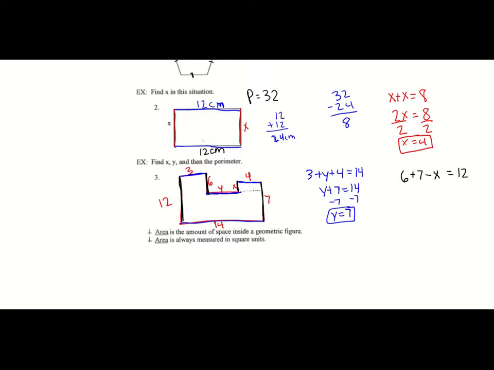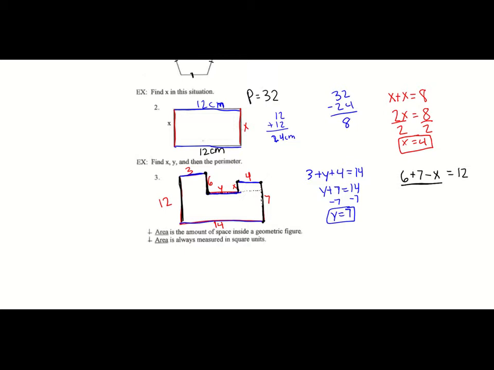If you want to think about it, looking at our shape here, we start at the top at this point, we go down 6, and then we follow over here, up x, and then back down 7. So this is kind of where this equation comes from here.